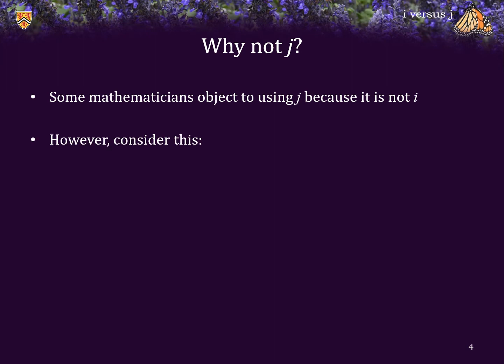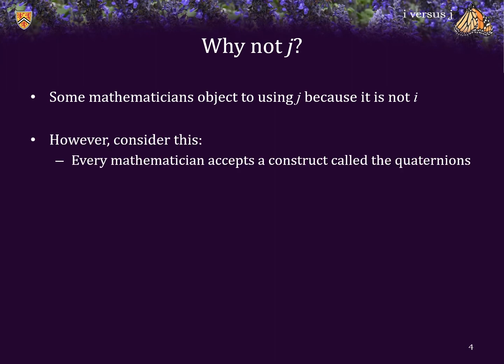However, consider the following. Every mathematician accepts a construct called the quaternions. Now, the quaternions are almost a field, except they are not commutative. That is, if z and w are quaternions, z times w may not equal w times z.